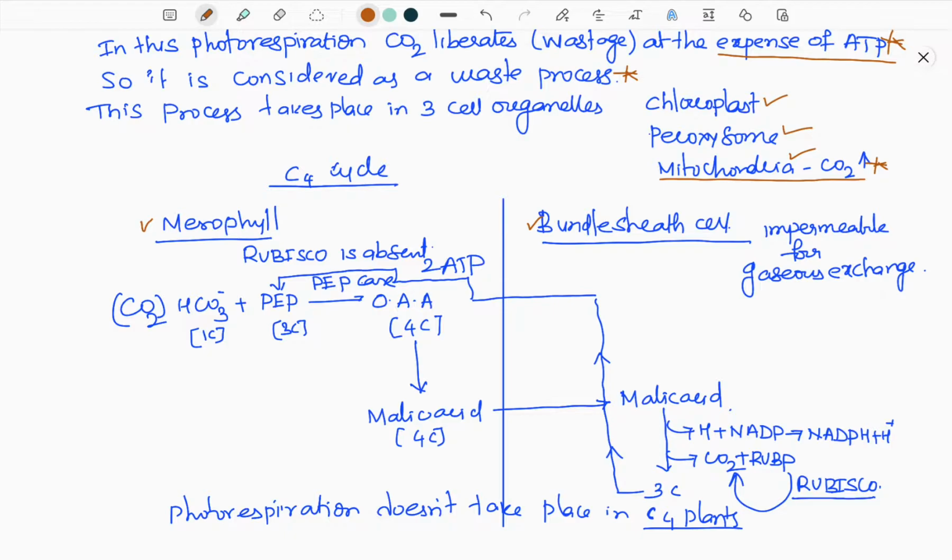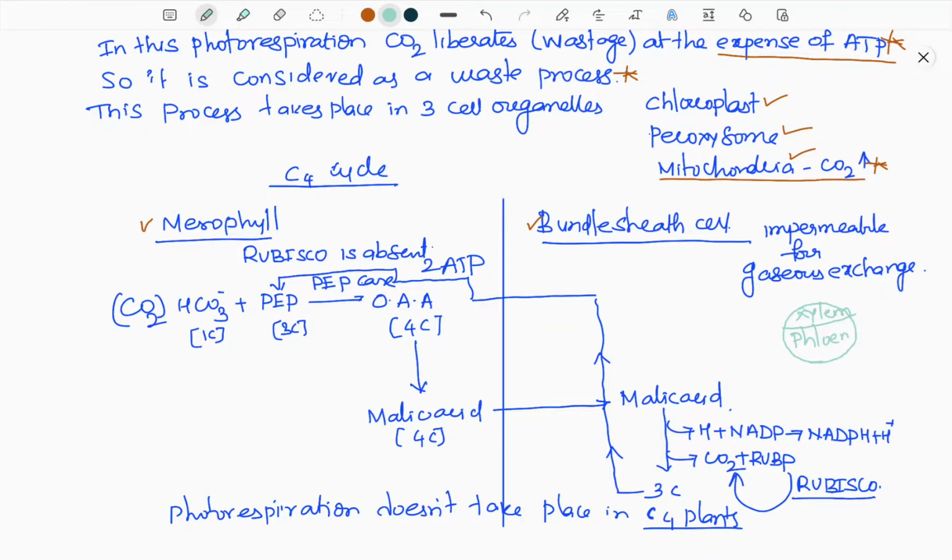So, what is the speciality of these bundle sheath cells? Let us suppose this is the vascular bundle. I am drawing here, you see. We know that in leaf vascular bundle, upper is xylem, lower is phloem. This is xylem, and this is phloem.